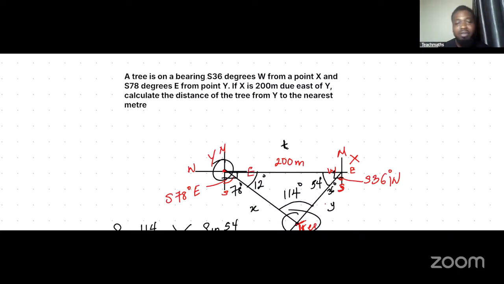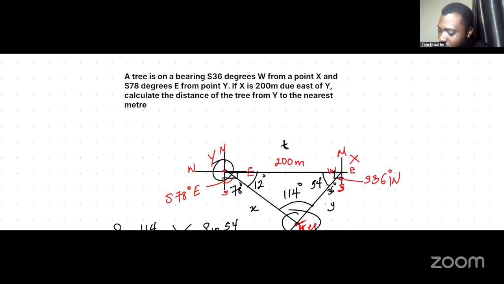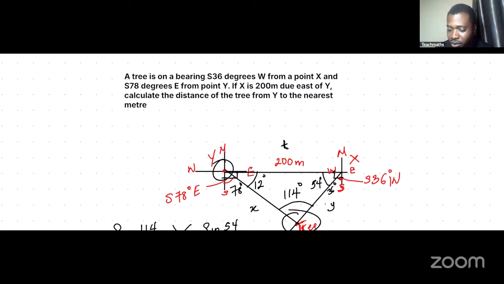What's the value of sine 54? 0.8090. And what about sine 114? 0.9136.